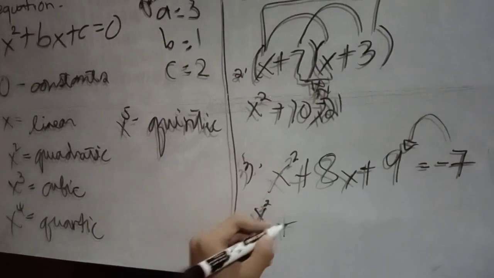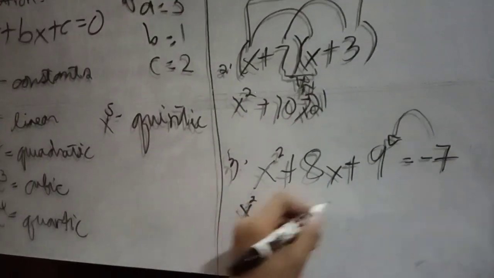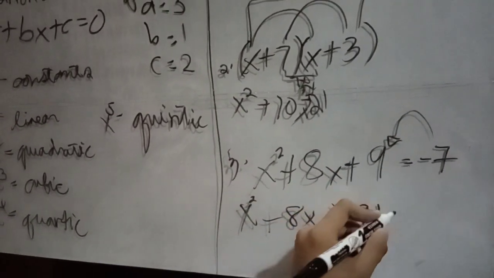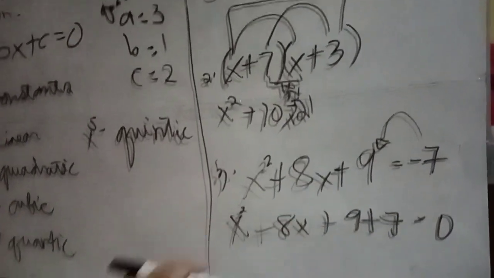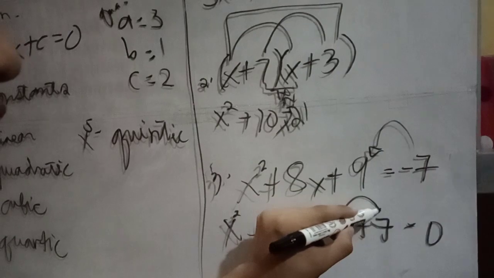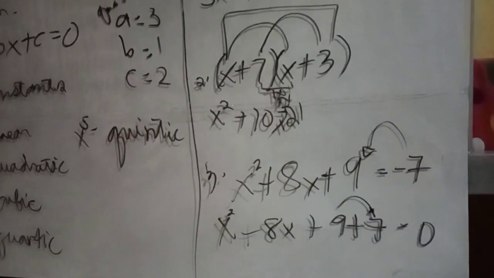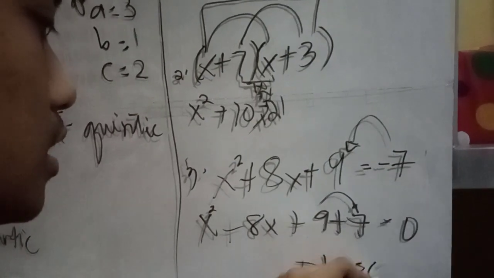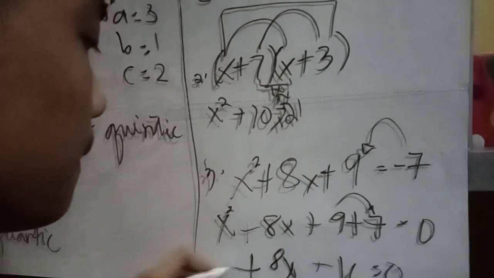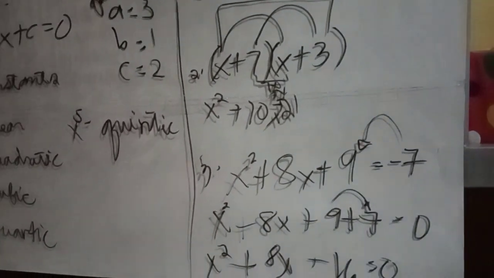So now, x squared plus 8x plus 9 plus 7 is equal to 0. This is not the final answer. We are going to add 9 plus 7 because they have no variables. 16. So now, the correct answer is x squared plus 8x plus 16.